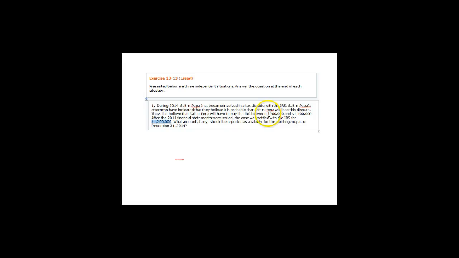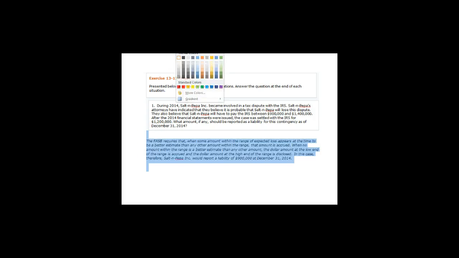So that brings us back to the range, the $900,000 to the $1.4 million. Now the case doesn't give us a most likely dollar amount within that range. Since it doesn't, we will go with the low end. So here's what our case solution will look like. The FASB requires that when some amount within the range of an expected loss appears at the time to be a better estimate, to accrue that.